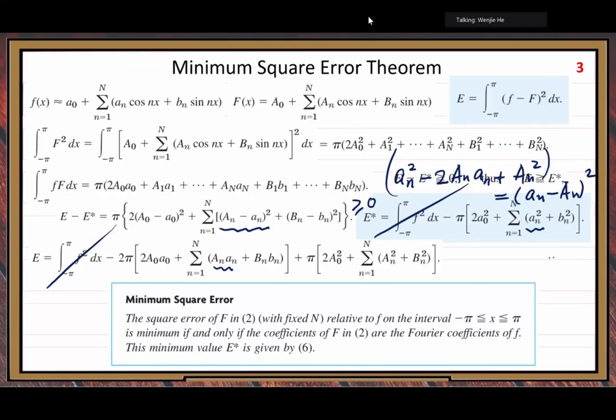Let me erase this part because it's covered. So this is the minimum square error theorem.